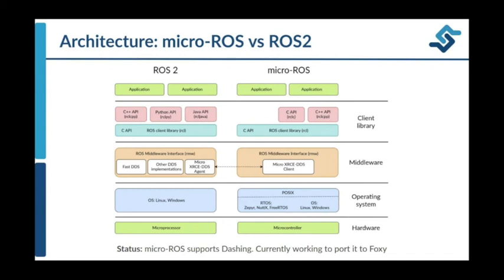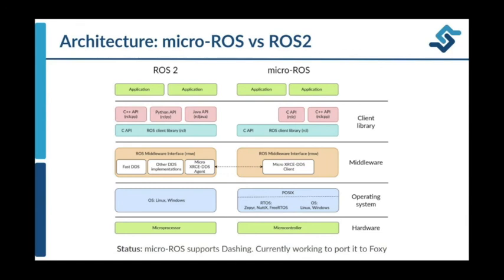Sometimes an application will have to be directly interfaced with this layer. This layer in turn lies just on top of the RMW, which is the ROS middleware interface.